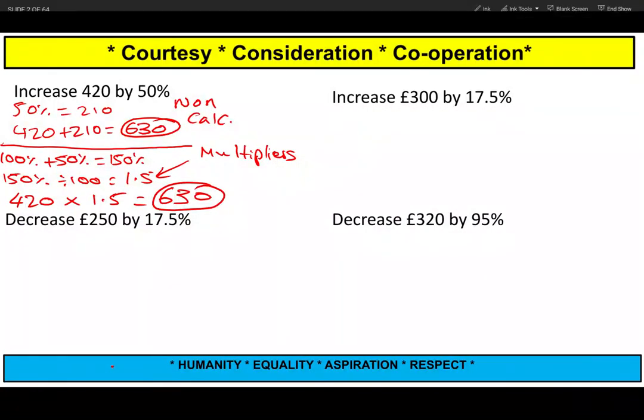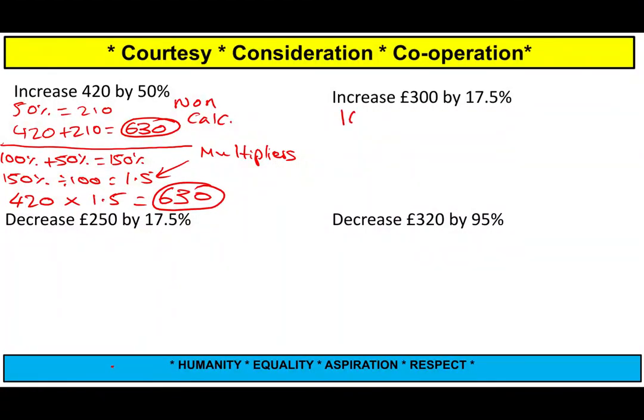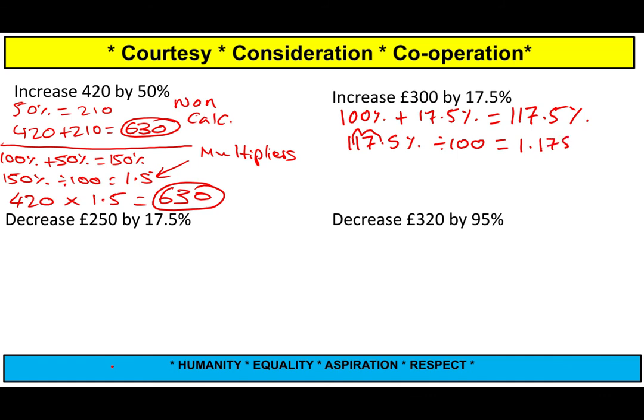We're going to do 100% increase, so plus 17.5%, which will give us 117.5%. Turn that to a decimal, so I need to divide 117.5% by 100, which will give me 1.175. Now this is my multiplier.